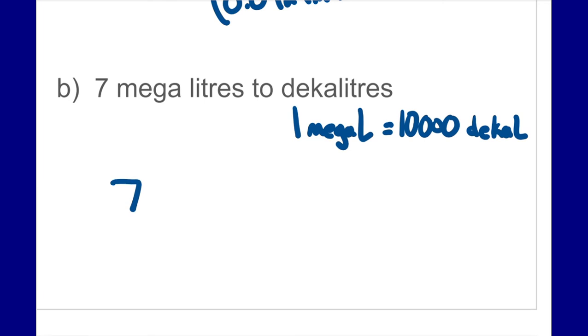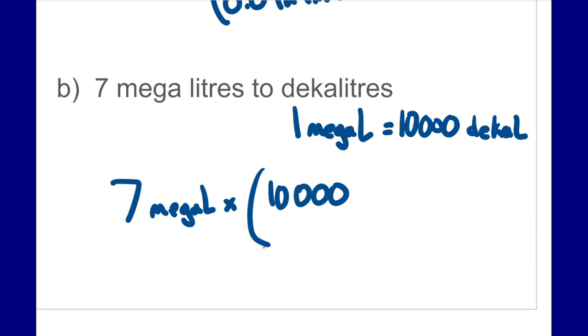So we have 7 megaliters, and we're going to multiply that by our unit rate, the units we want on top, divided by the units we have on the bottom.